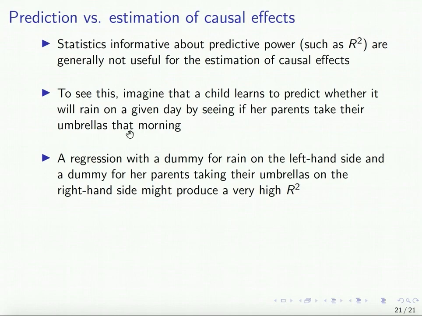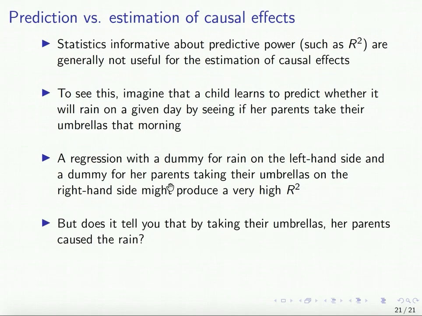Now, does it mean that umbrella, my independent variable, has an impact on rain, my dependent variable? Of course not, okay? We know that parents see the news, take an umbrella, and it's raining on that day. It doesn't mean that taking an umbrella causes the rain.